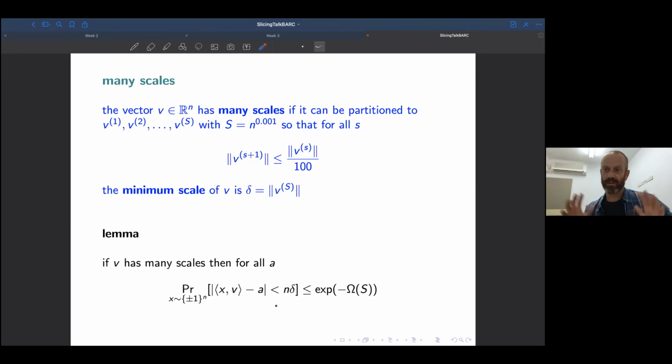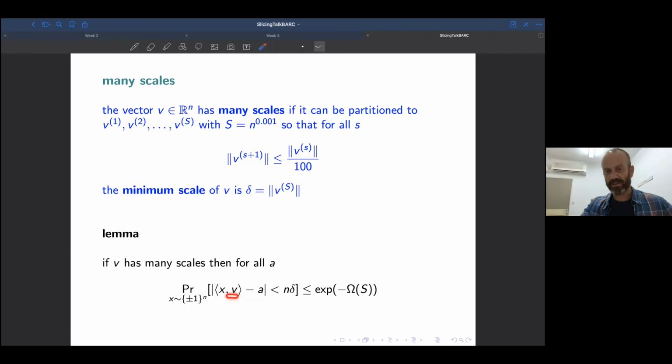Okay, so this is the first ingredient. If there are many, many scales, not a huge amount, but sort of this amount, then there is no way this V is useful somehow. It misses by a huge amount any hyperplane.